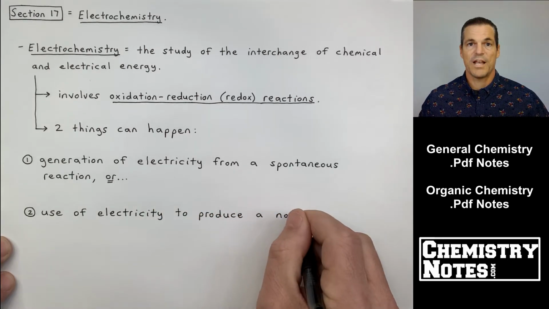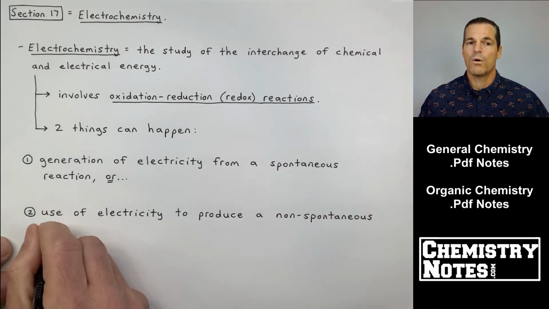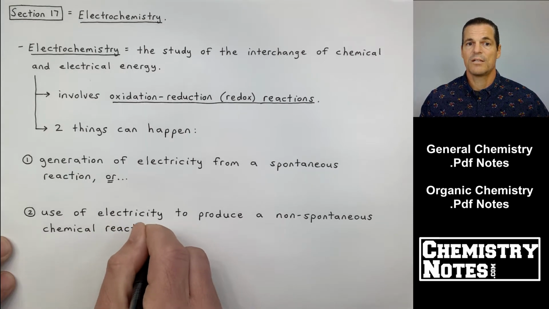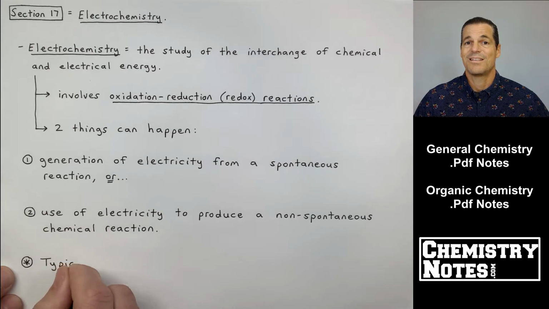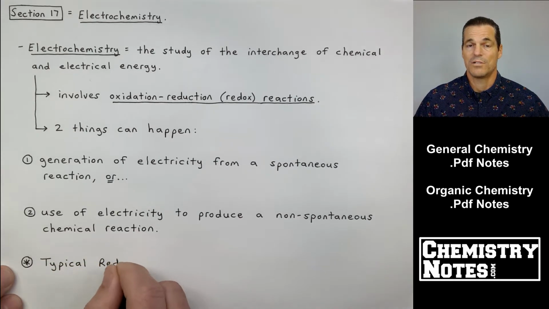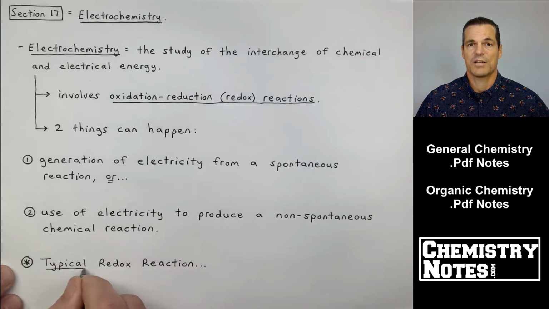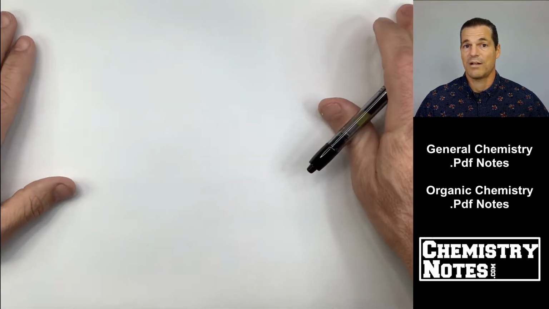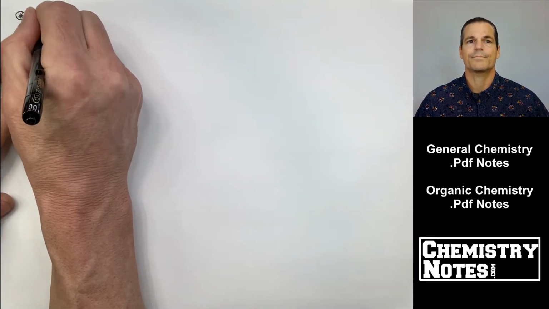So a spontaneous chemical reaction can be used to generate electricity. Or number 2, we can use electricity to produce a non-spontaneous chemical reaction that wouldn't typically go on its own. Remember from section 16, a non-spontaneous reaction isn't going to occur naturally without some sort of outside help. And that outside help in number 2 would be electrical energy.